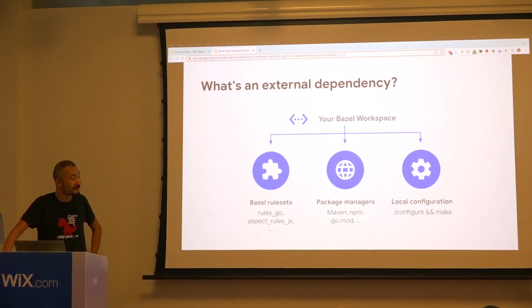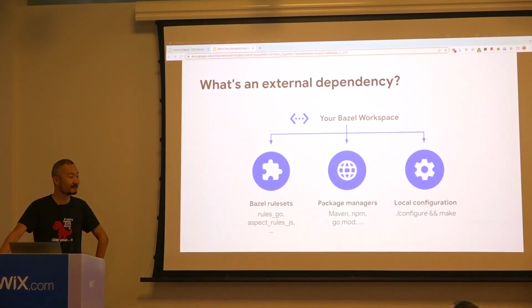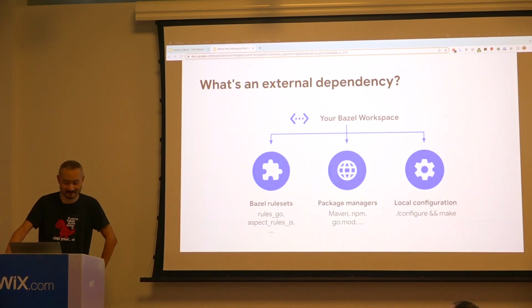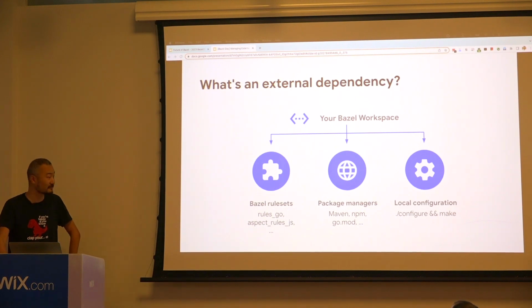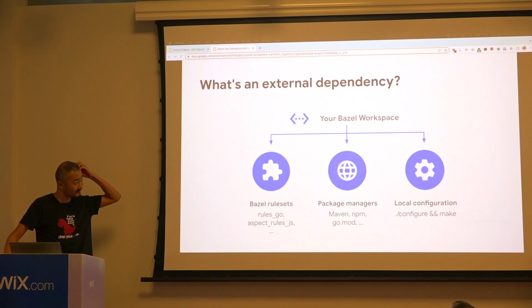You might be familiar with such steps, like configure before you run your GNU make. So you often do ./configure and make. But in Bazel, it's all just one command. So this form of external dependencies can also be taken care of by Bazel.